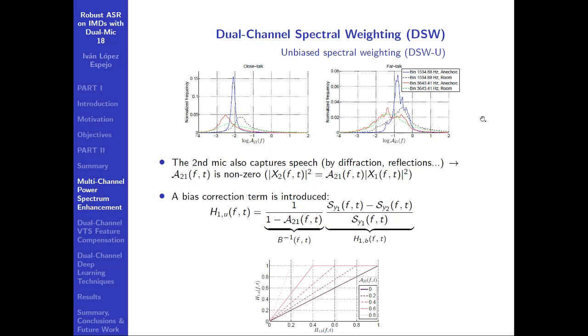While the magnitude of this term is relatively small in close-talk conditions, this is not exactly the case for far-talk conditions. So we introduce a bias correction term to rectify the initial underestimation of the previously estimated Wiener filter. It is easy to show that this bias correction term depends on the speech gain term a sub 2,1.